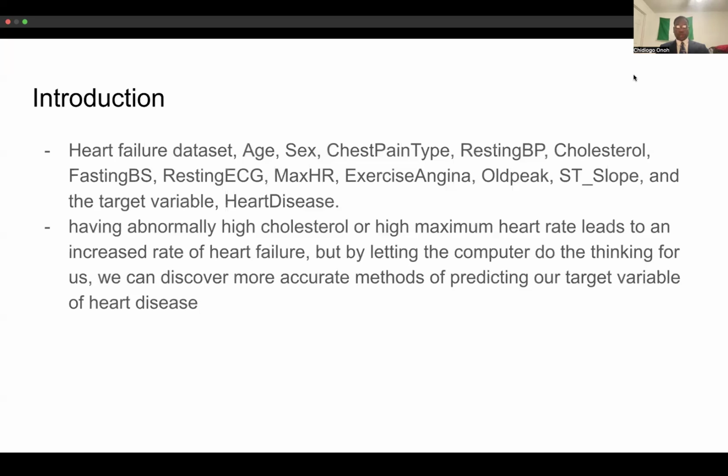We may already know some things, such as that having an abnormally high cholesterol or high maximum heart rate leads to an increased rate of heart failure. But by letting the computer do the thinking for us, we can discover more accurate methods of predicting our target variable of heart disease.